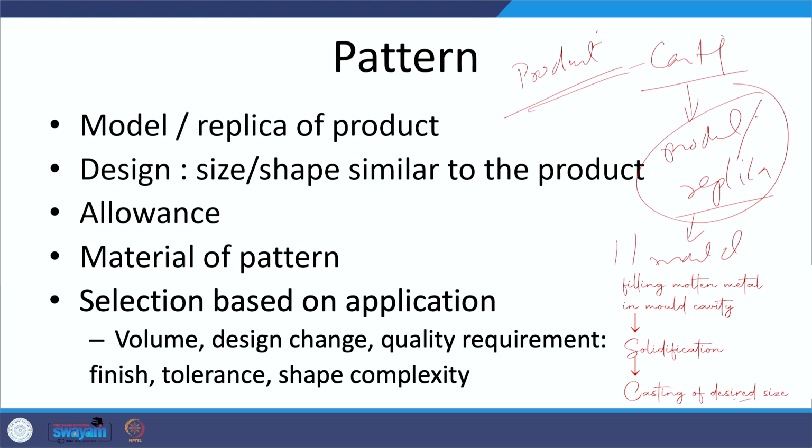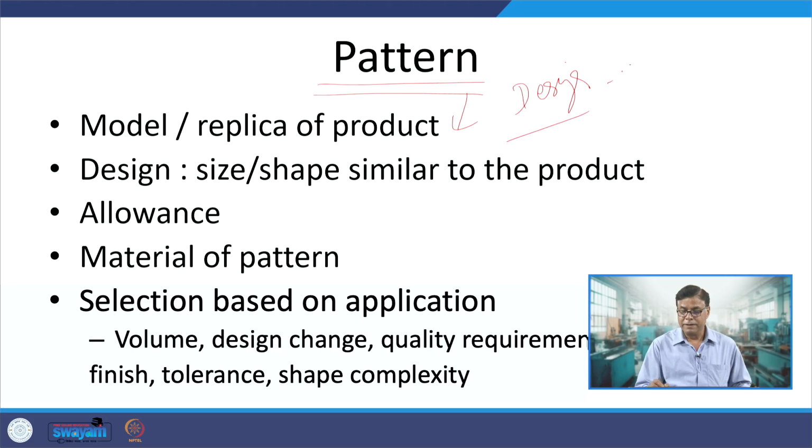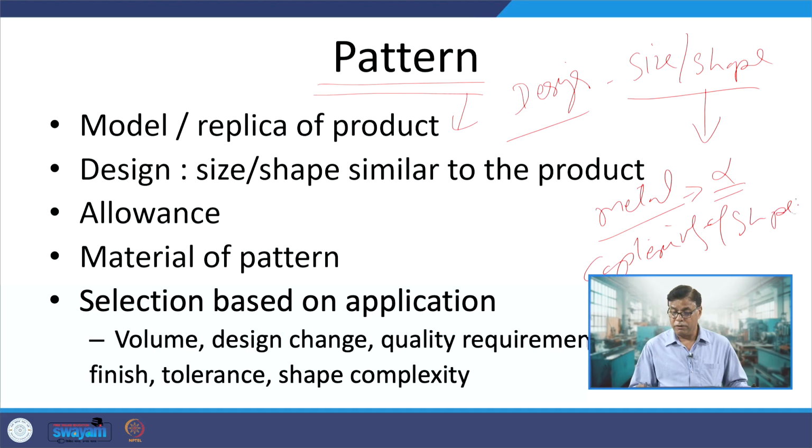The replica or model of the product is known as the pattern. The design of the pattern, especially the size and shape, depends on multiple factors like the metal, especially the thermal expansion coefficient related to the metal, and the complexity of the shape of the product.